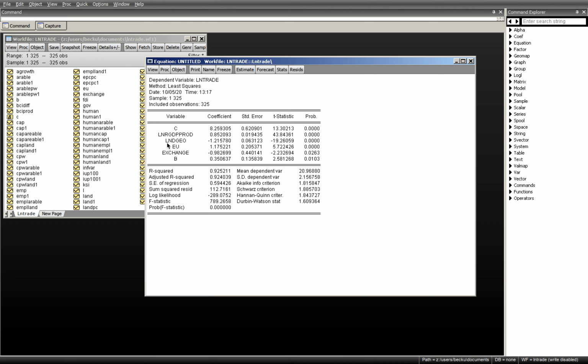Adding these three additional variables increased our R squared by 0.25. Not much. And so this is why the gravity model of trade is so important, and it is so important to include those variables in any estimation when you want to examine the impact of something on trade.